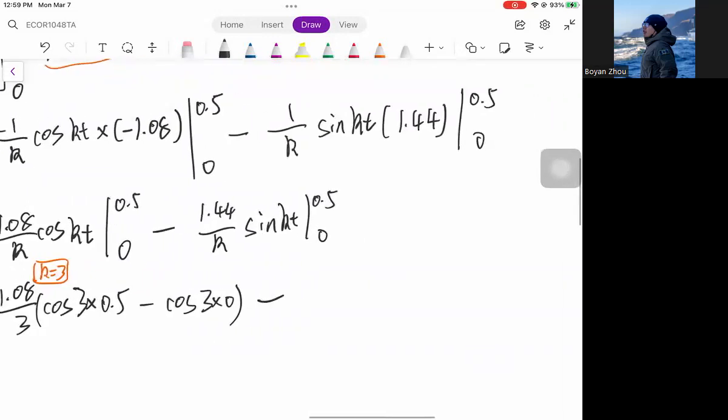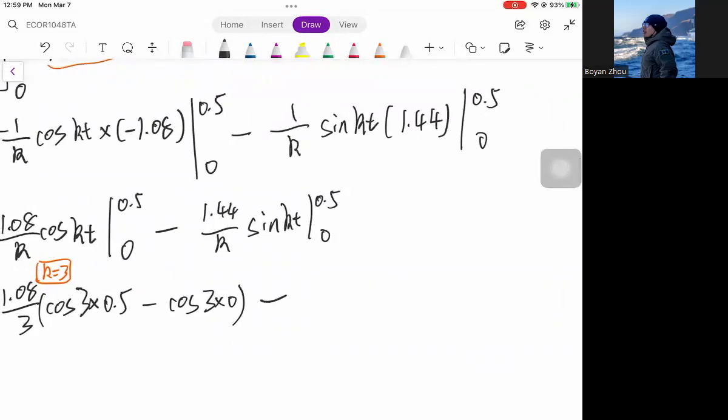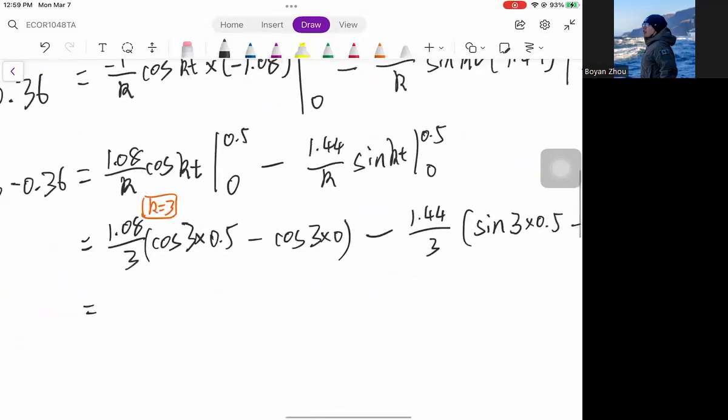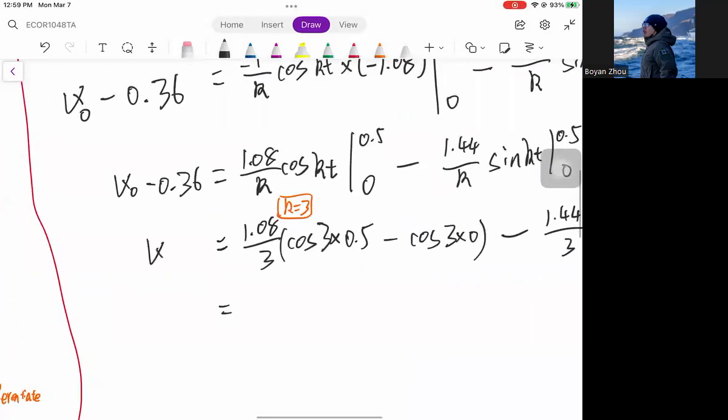And minus the second term, 1.44 over 3, times sine of 3 times 0.5 minus sine of 3 times 0. So again, just solving the math.